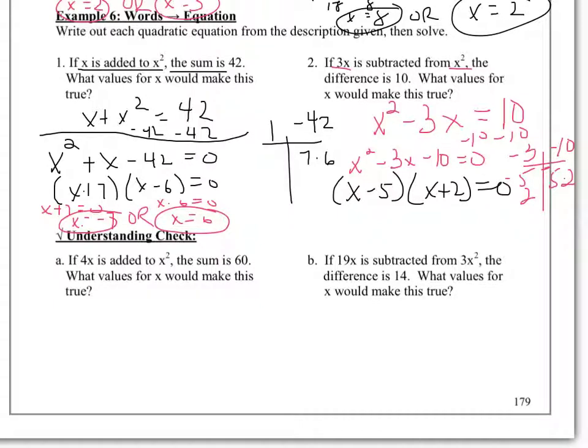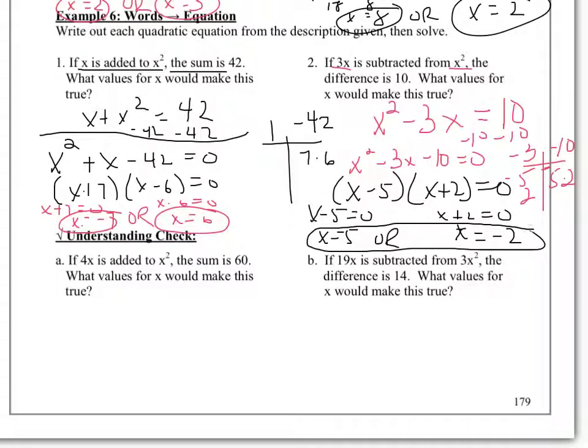Set each part equal to 0. So here x is 5. Or set this part equal to 0. X is negative 2. Okay, so here x is 5, or it's negative 2.